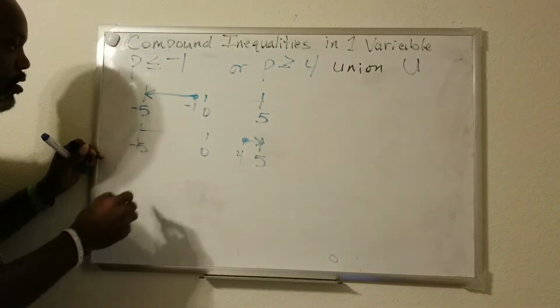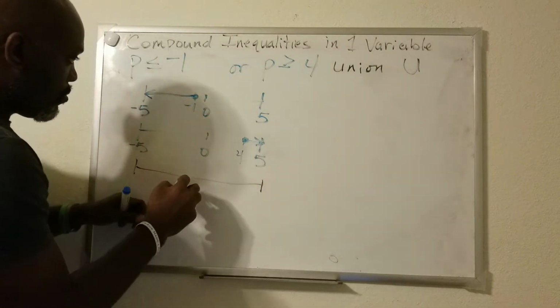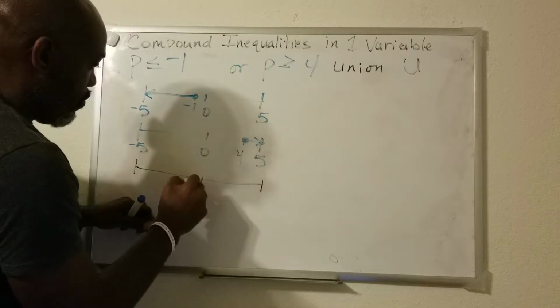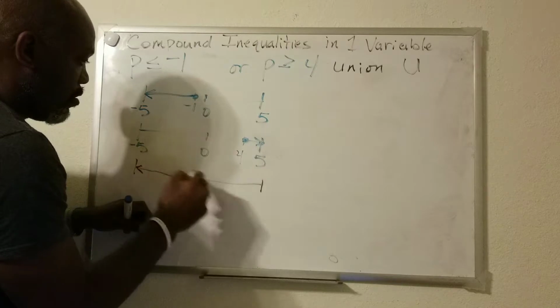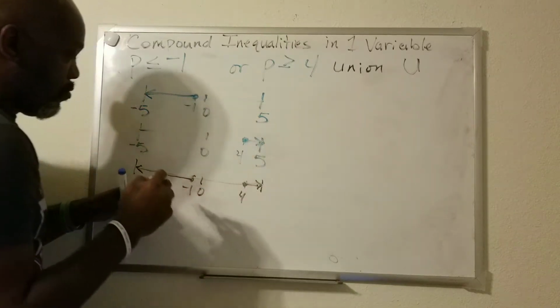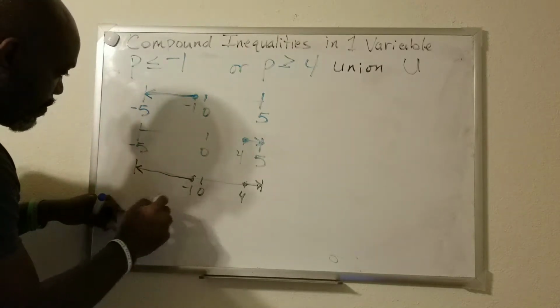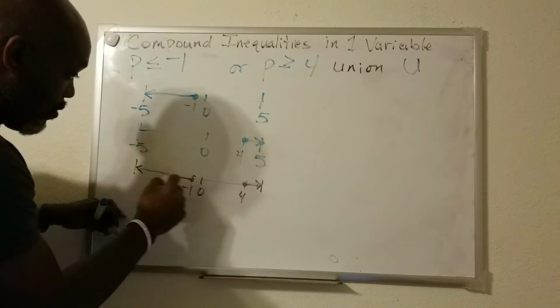So the union. So if we were to stack them, you have -1, or these numbers, or these numbers would satisfy that equation. So we write this in interval notation.